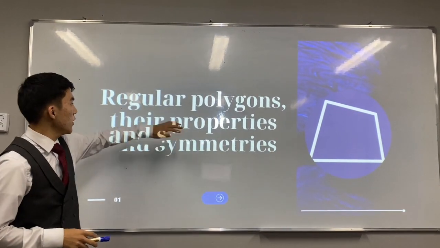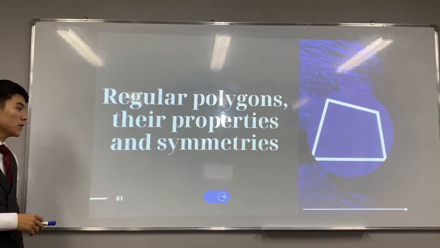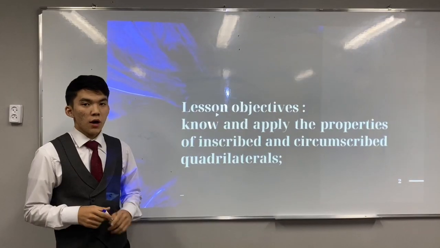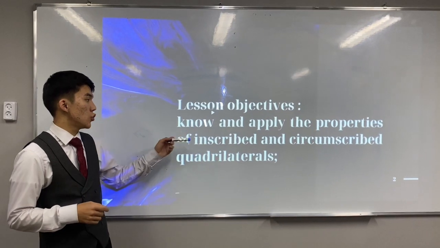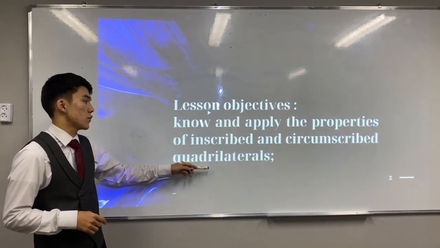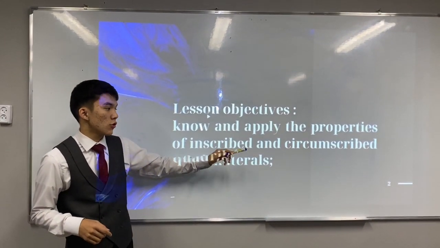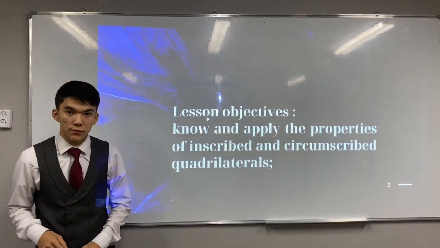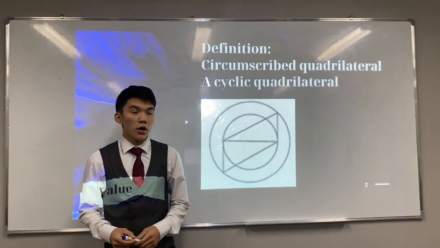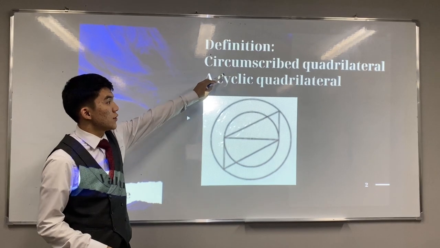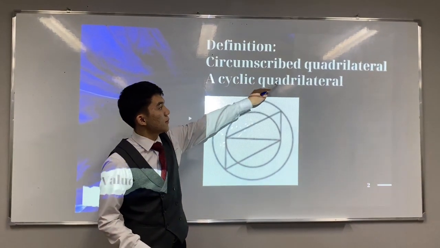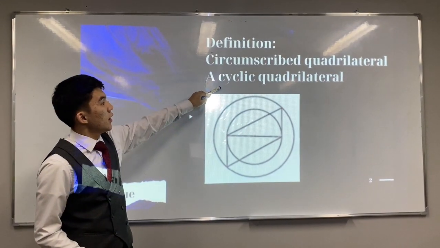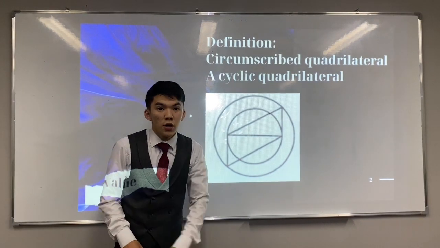Okay, today our topic is regular polygons and their properties and symmetries. After this lesson, you will be able to know and apply the properties of inscribed and circumscribed quadrilaterals. Before that, I want to give you some definitions: circumscribed quadrilateral and cyclic quadrilateral.